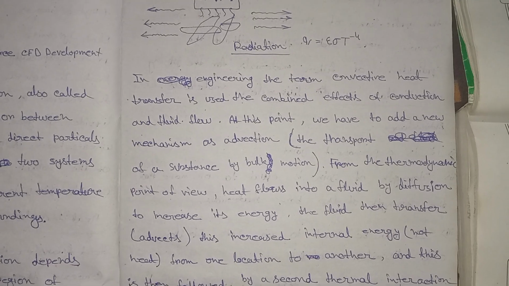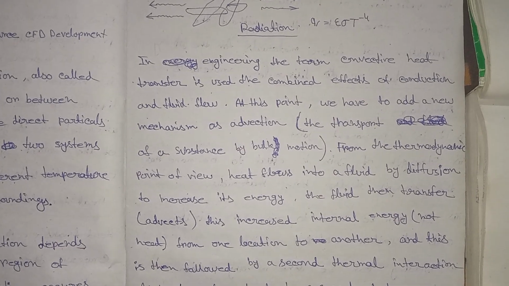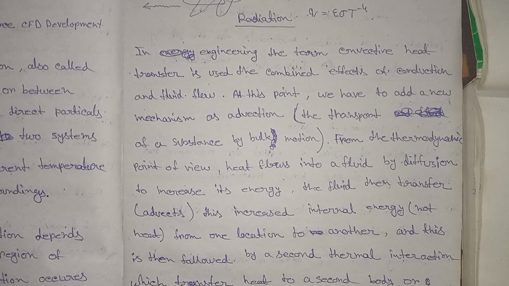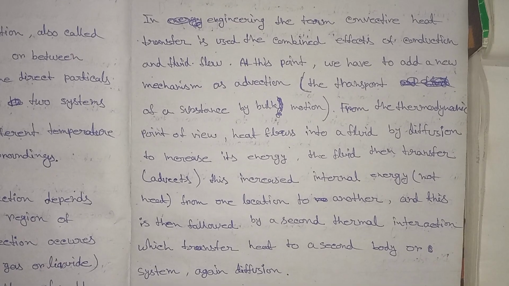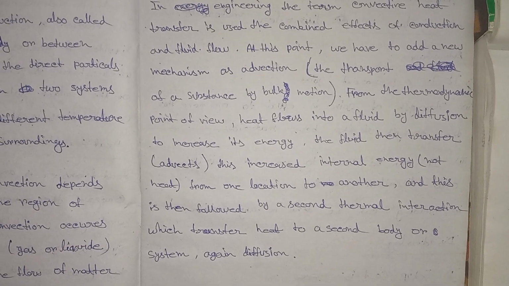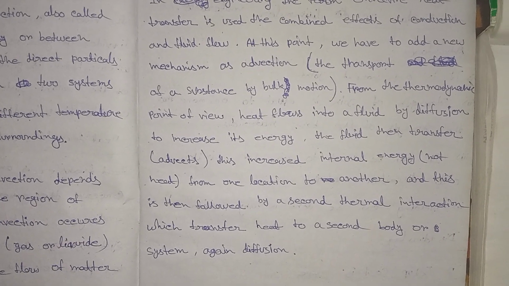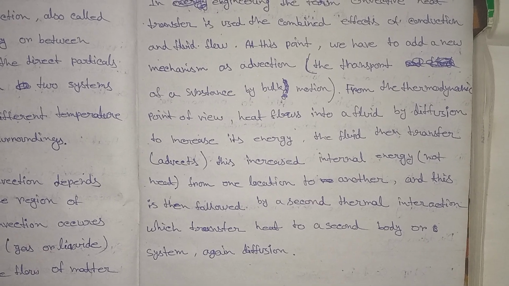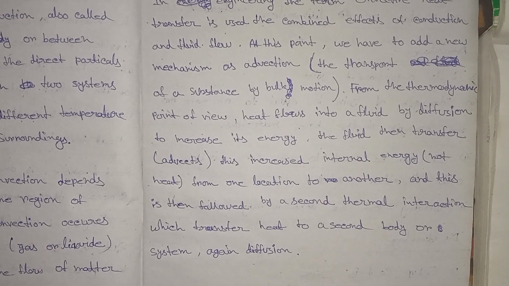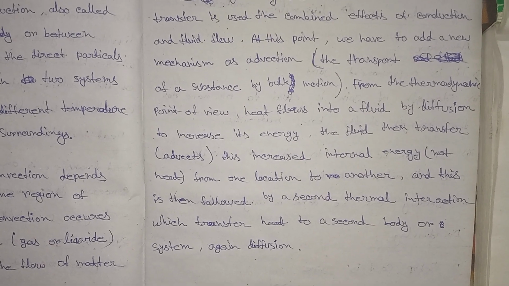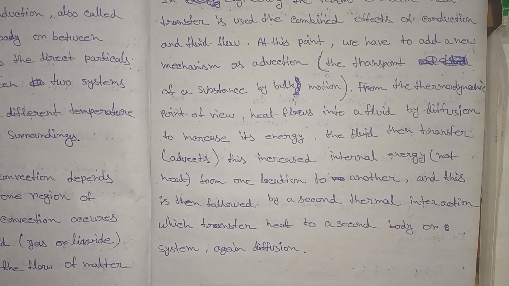The fluid then transfers its increased thermal energy, not heat, from one location to another, and this is followed by a second thermal interaction which transfers heat to a second body or system, again by diffusion.